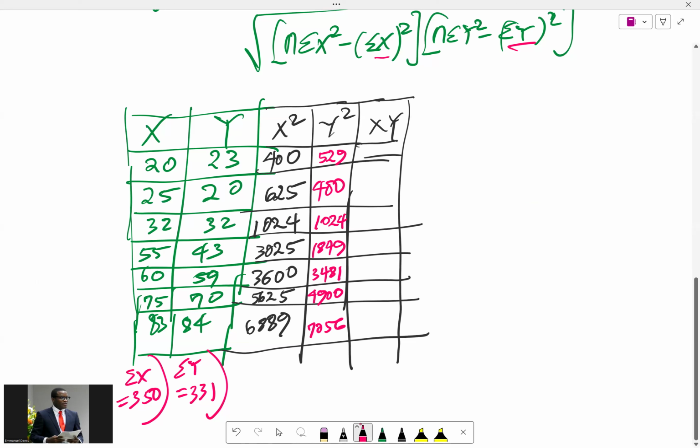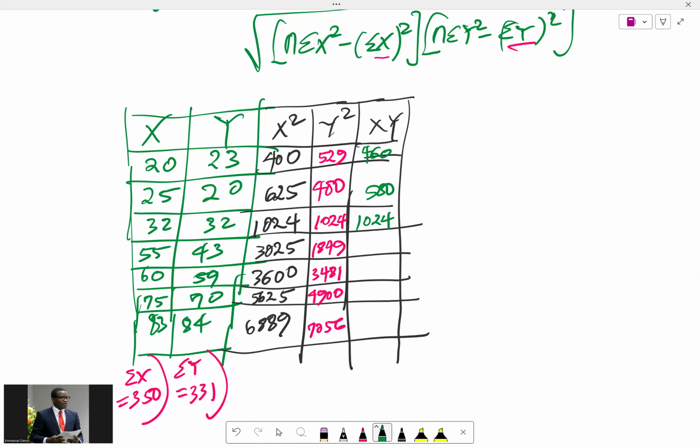Okay. So we need xy now. xy is 20 times 23. That is 460. Then we need 25 times 20. That should just be easy, 500. Then 32 times 32. That's simply 1024. Then 55 times 43.